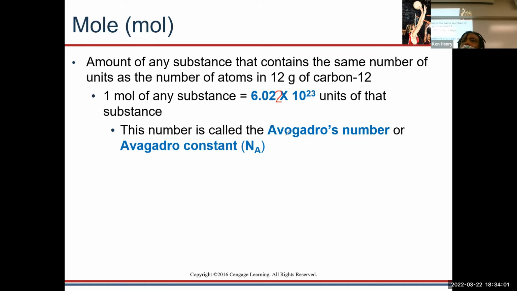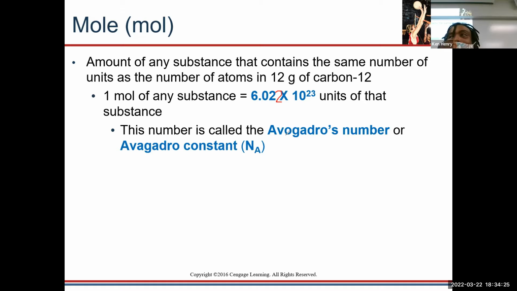So if I told you I have a mole of wives, how many wives do I have? I said a mole, right? If I said a dozen, that means I have how many wives?